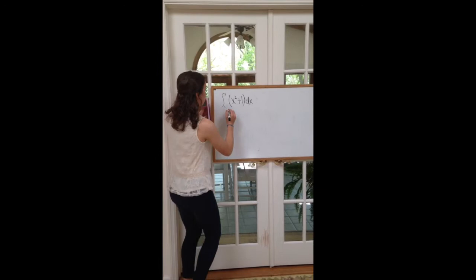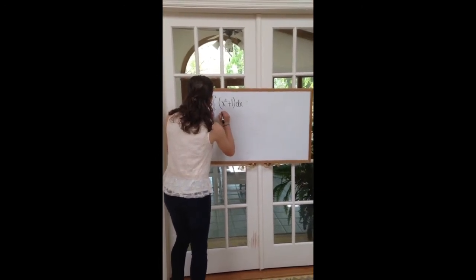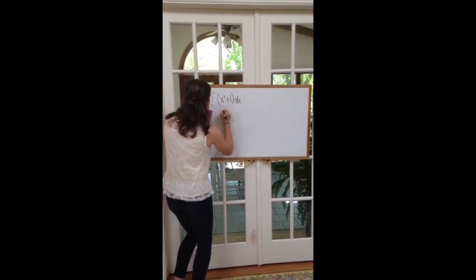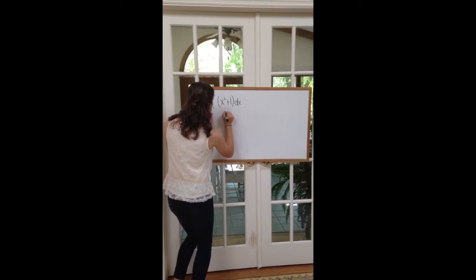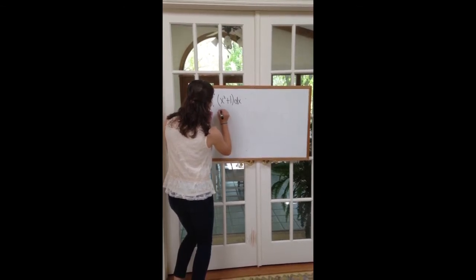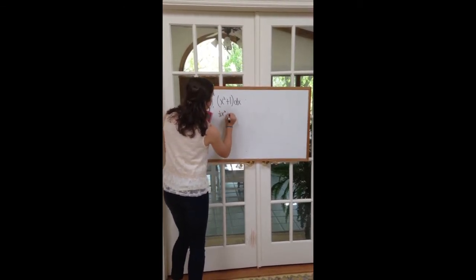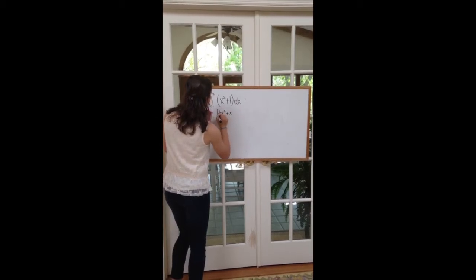So you just find the antiderivative of this, which would be 1/3 x cubed plus x evaluated from 1 to 2.